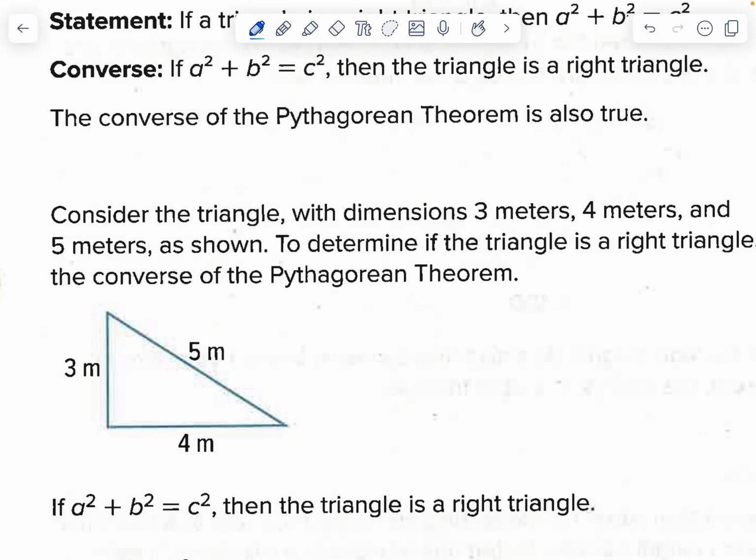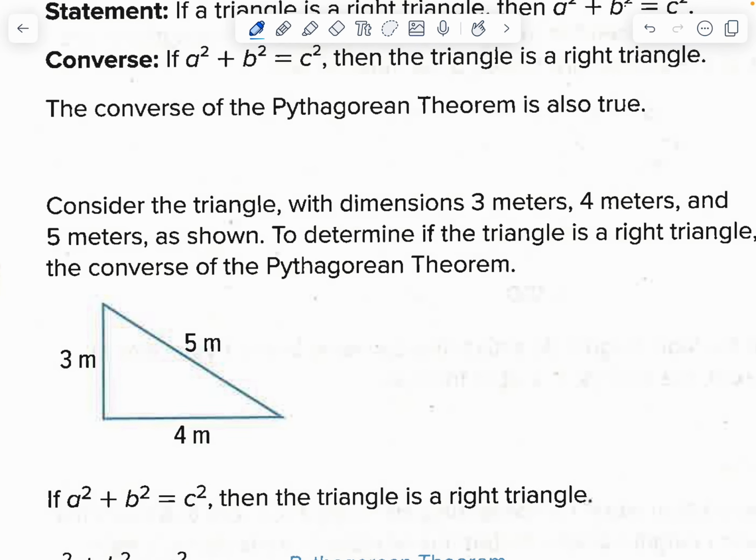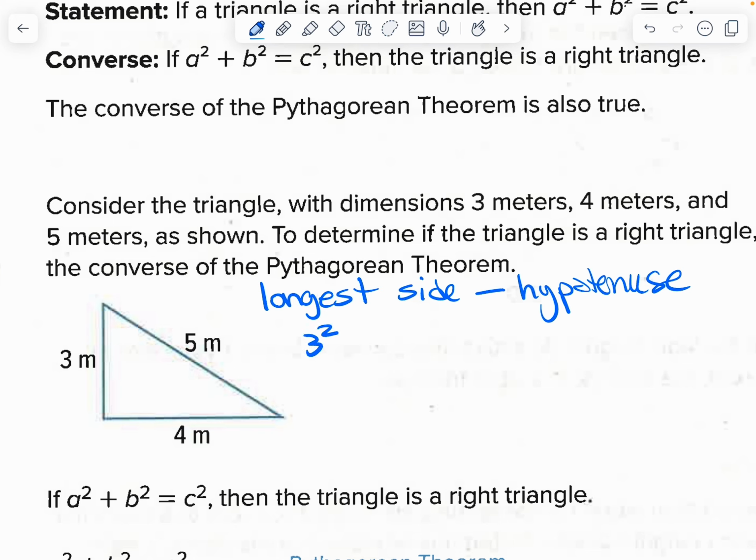a right triangle? So remember, the longest side is always the hypotenuse. Okay, so the longest side is always the hypotenuse. So 3 squared plus 4 squared, does that equal 5 squared?